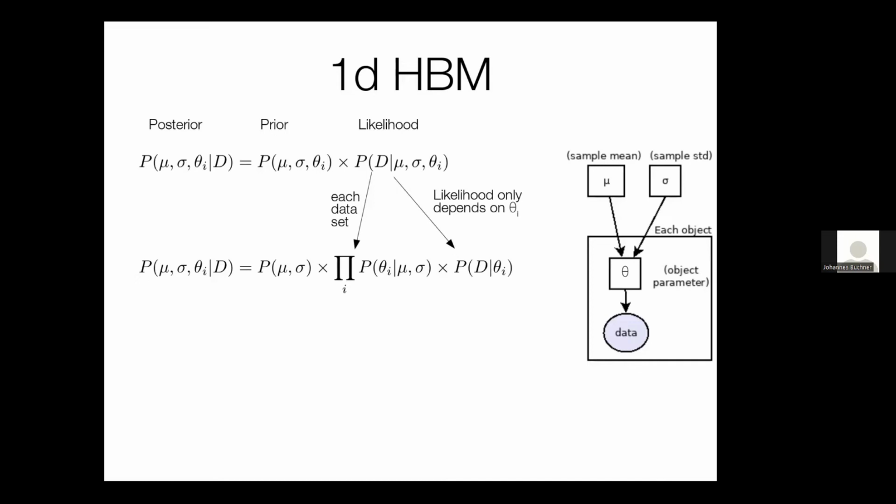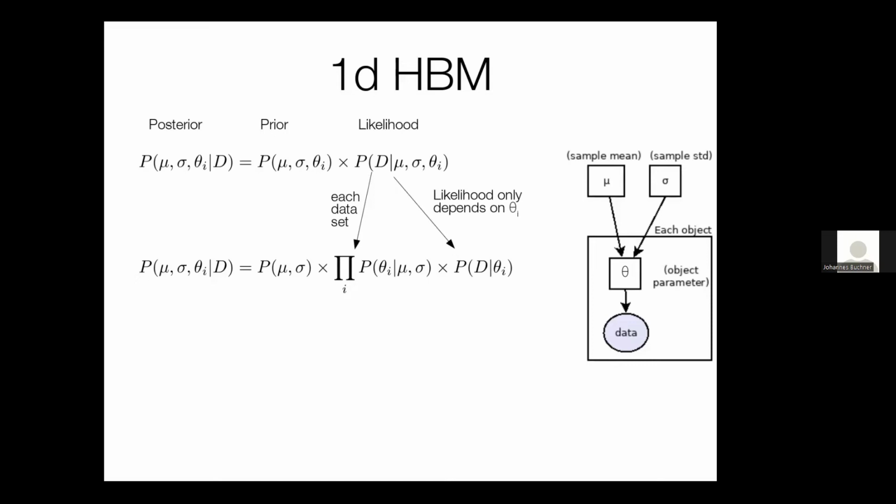Okay, but now let's go one level beyond that and say, well, that prior on that parameter might also have a distribution. We don't know the prior. So we're going to use a function or a probability distribution for that parameter, but that probability distribution also has parameters.